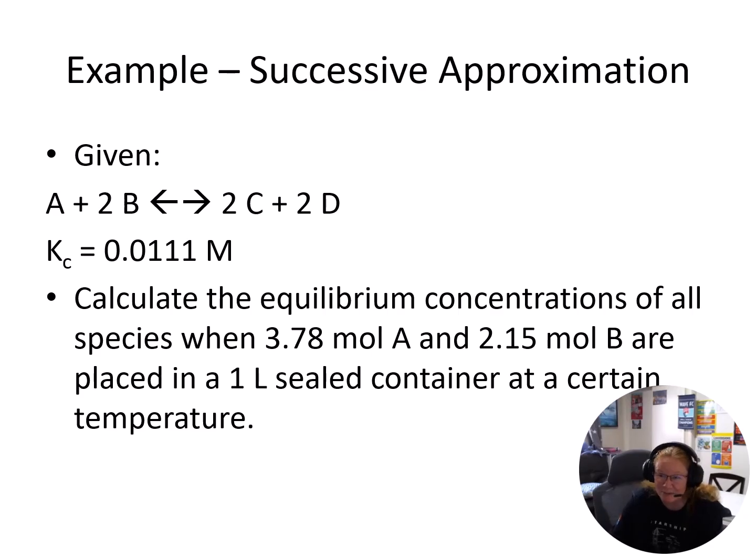What some people do is this thing called successive approximation, where you go ahead and neglect x down in one spot. You solve, and then you plug x in, and then you solve, and then you plug x in, and you solve. So you neglect x in the denominator, you get what x is, and then you plug x back into the denominator and solve it again and get a new x, and then plug x back into the denominator and solve it again and get a new x.